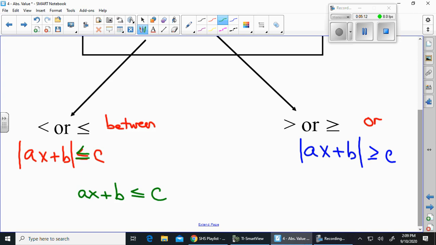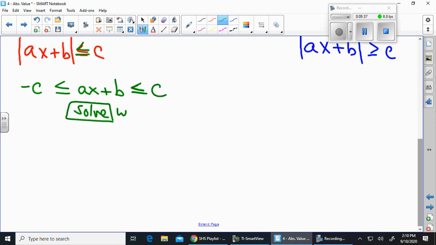You're going to use that same inequality sign to the left. And instead of having c on the left, you're going to have negative c. And then what are you going to do? Solve. And remember, with a between, you work from the middle to get x alone.